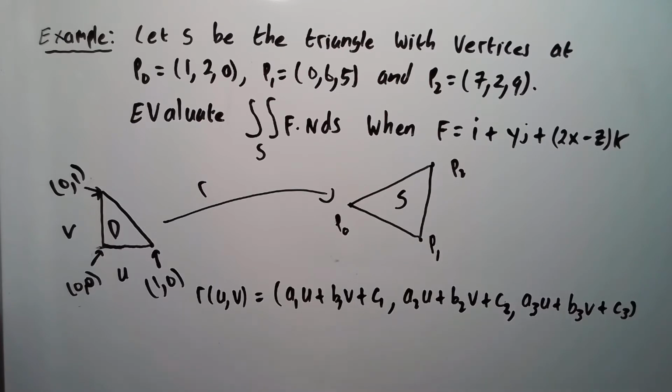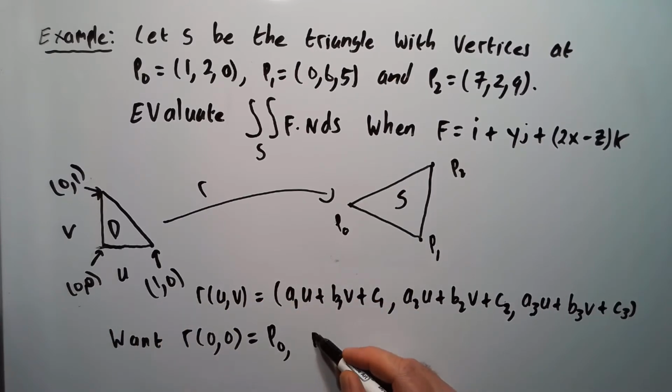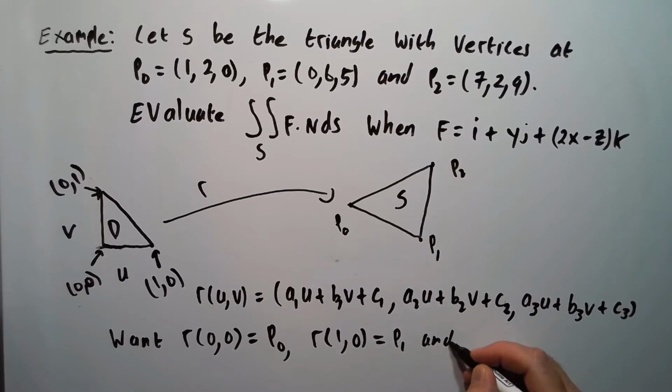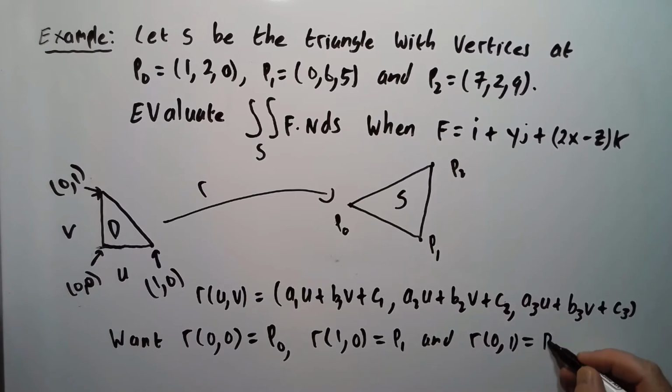So I have to find conditions on the A1, B1, C1, and so forth. So let's make it so R of (0, 0) goes to P0, R of (1, 0) is mapped to P1, and R of (0, 1) is mapped out to P2.